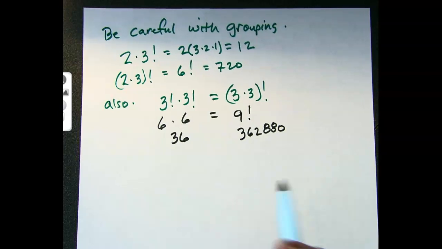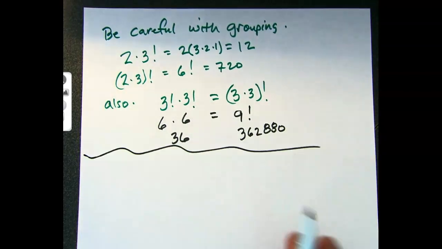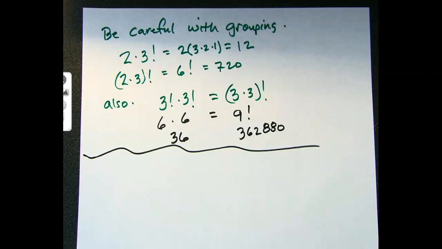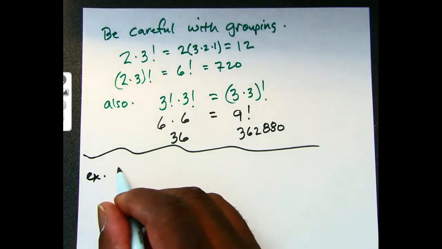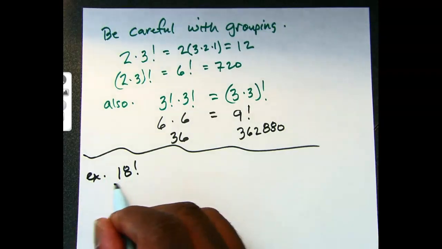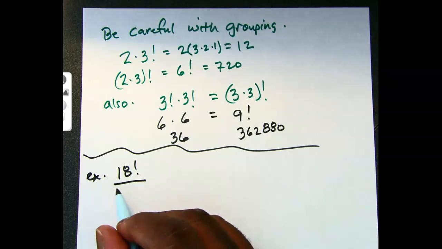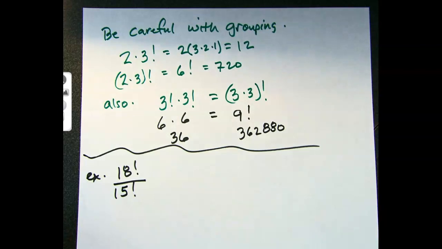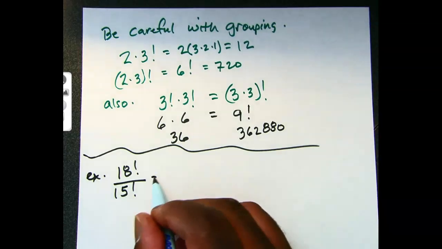Okay. All right, how do we simplify factorials? Let's say we had 18 factorial divided by 15 factorial.